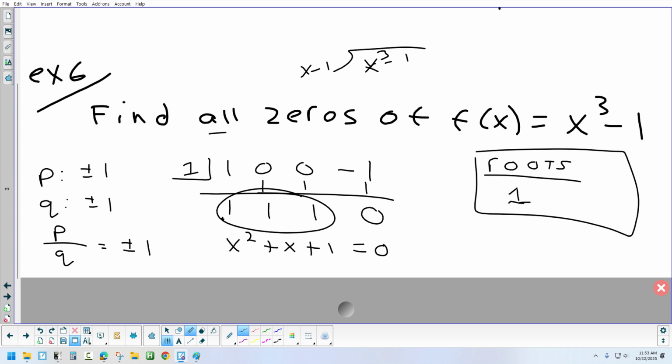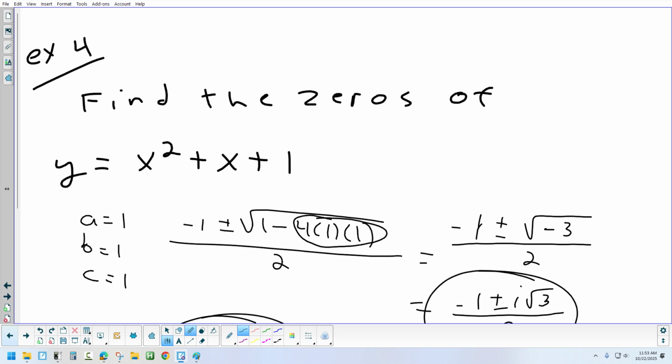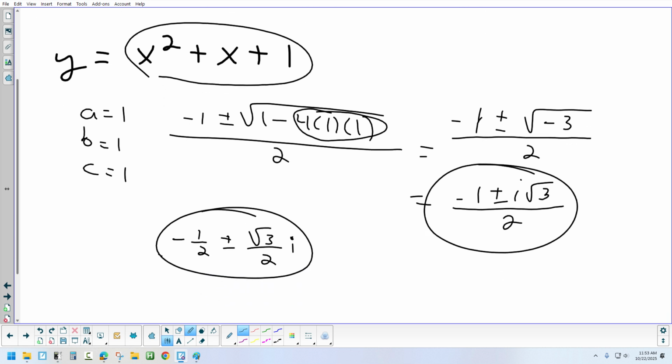How do we solve this? x squared plus x plus 1. Quadratic what? Formula. Yeah, quadratic formula. And x squared plus x plus 1, we've already done that problem right here. So now you would go through what we just did here to get your other roots.